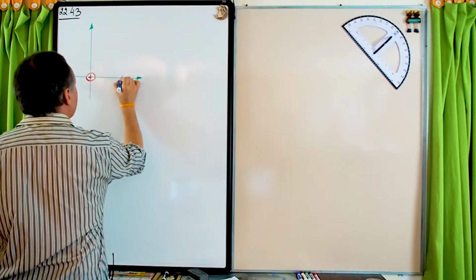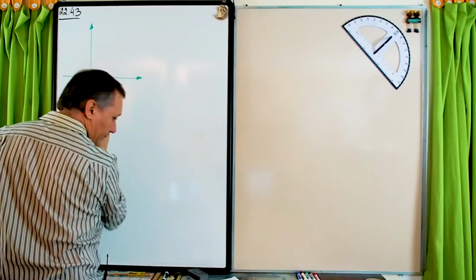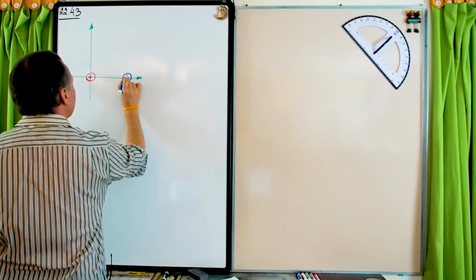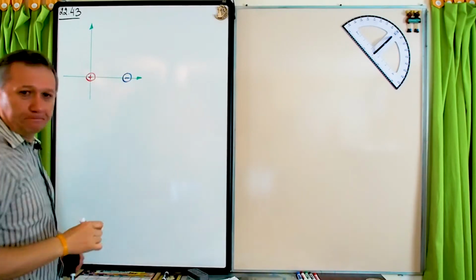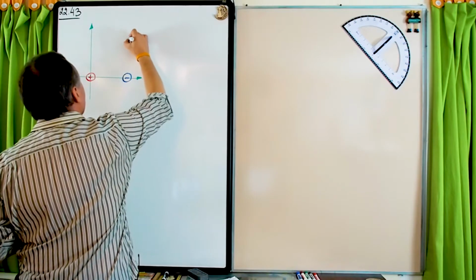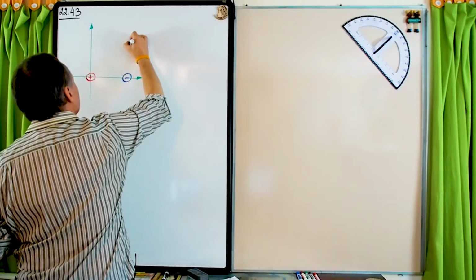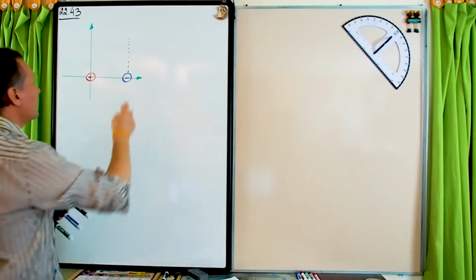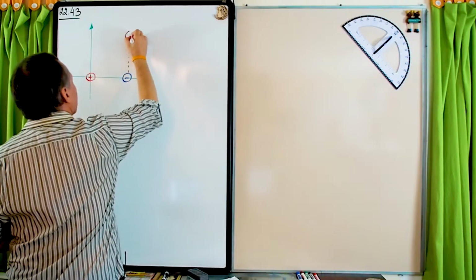I will label x's in a second. I'm trying to estimate the amount of space I might need. So here will be the negative charge, minus. And just above this charge, there will be another positive charge.